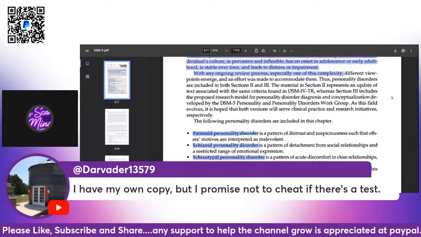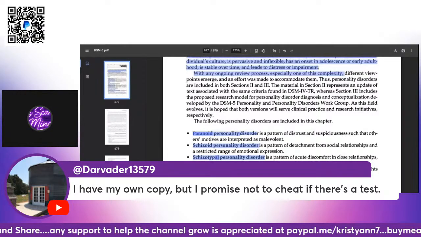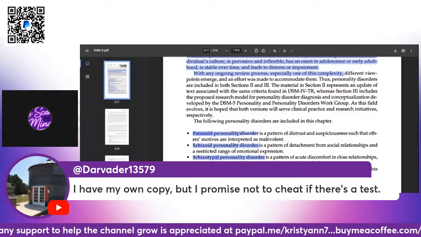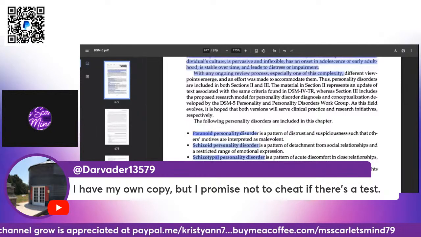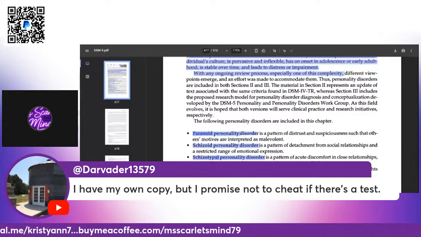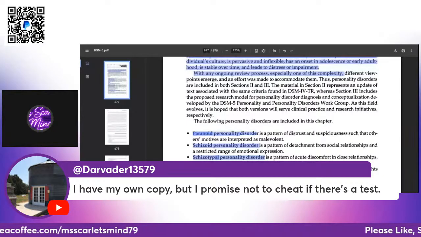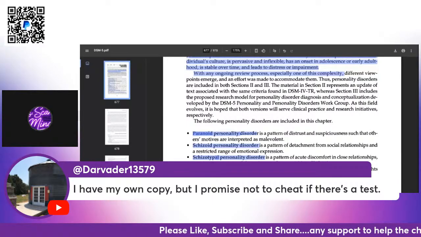With any ongoing review process, especially one of this complexity, different viewpoints emerge and an effort was made to accommodate them. Thus, personality disorders are included in both sections 2 and 3. The material in section 2 represents an update of text associated with the same criteria found in the DSM-4, whereas section 3 includes the proposed research model for personality disorder diagnosis and conceptualization developed by the DSM-5 Personality and Personality Disorders Workgroup.